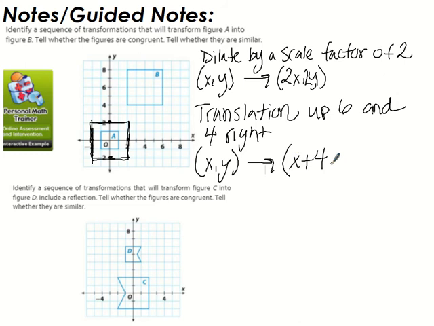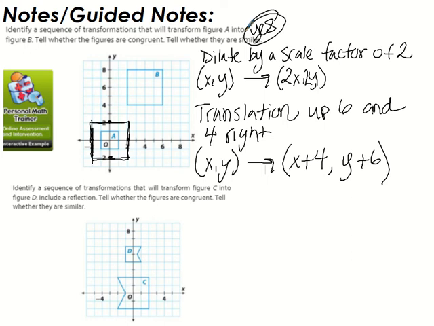Remember, left is negative x's, and right is positive. And then up would be plus 6. So yes, they are similar because I was able to make A become B using transformations.